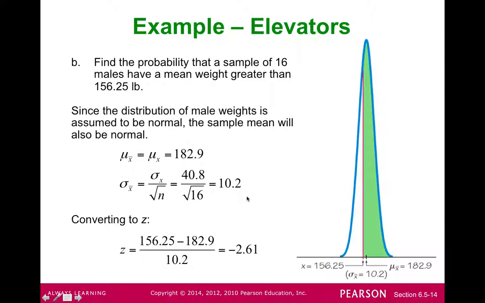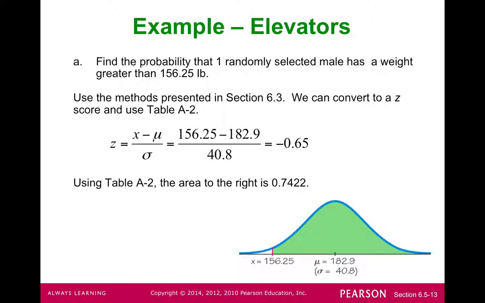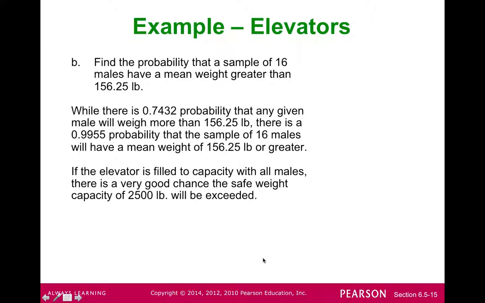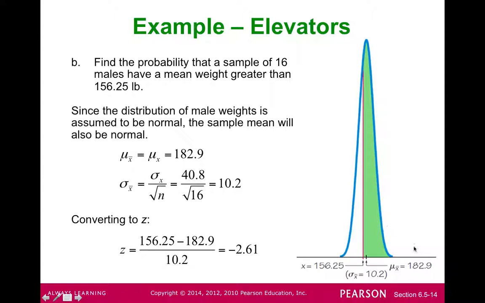So now we don't have 40.8 as our standard deviation, like we did here. We have adjusted that standard deviation based on 16 males to be 10.2. When we recalculate our z, our new z is negative 2.61. And when we look that up on the z-score table, you can see it here.